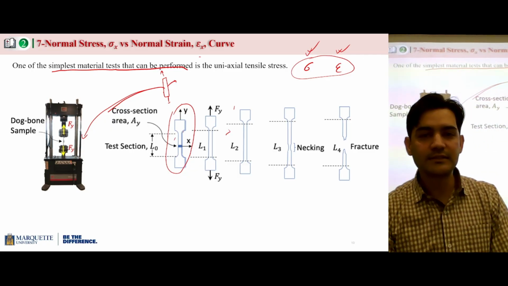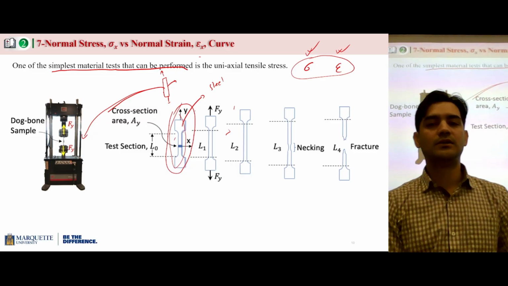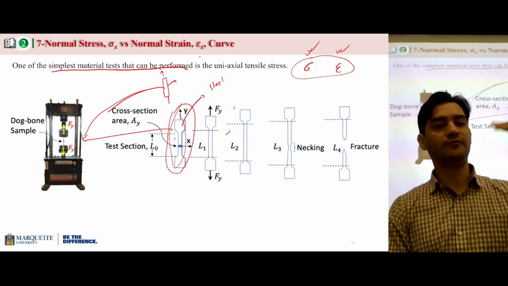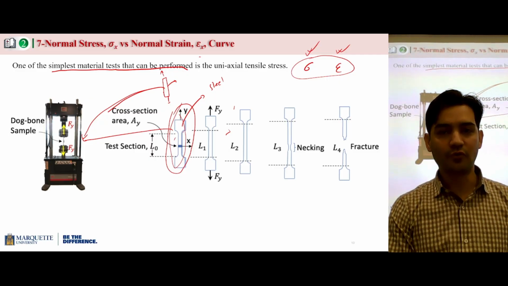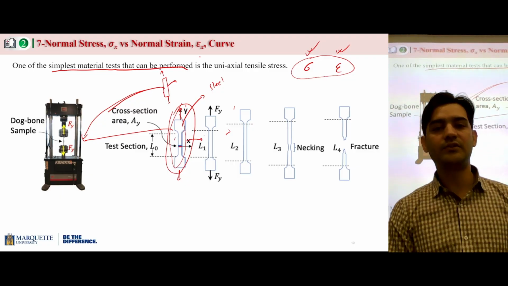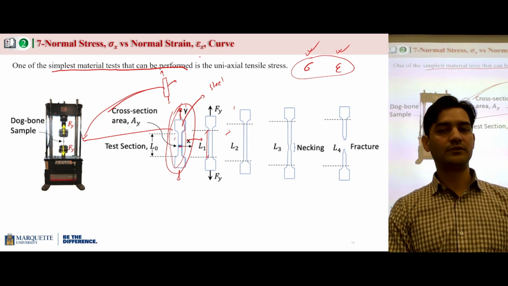So, for example, this is a sample made up of, let's just say, steel. So we'll put that sample in a machine and we'll keep on increasing the force. So when we apply a force on that sample, you can see it's going to increase in length by applying this force.